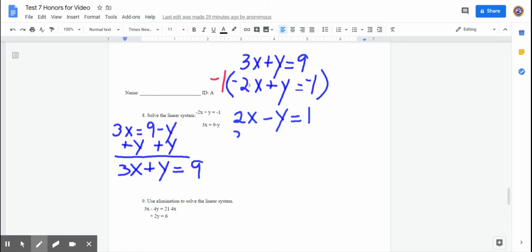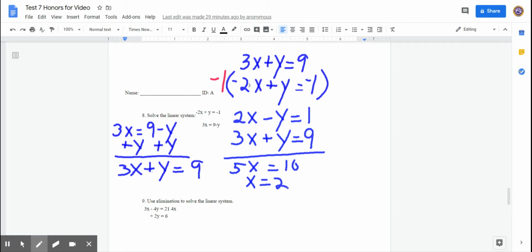I now copy down the other equation. I don't have to do anything to it. And now I see that my y's are going to be eliminated when I add. So I have 5x equals 10 and x equals 2.